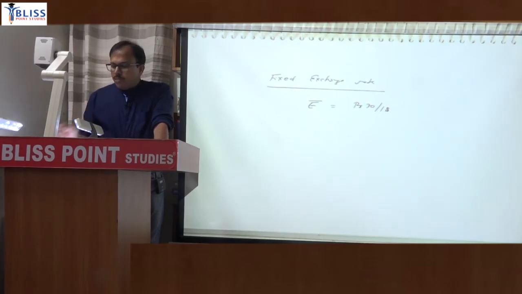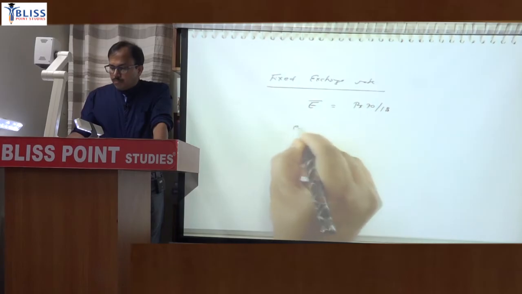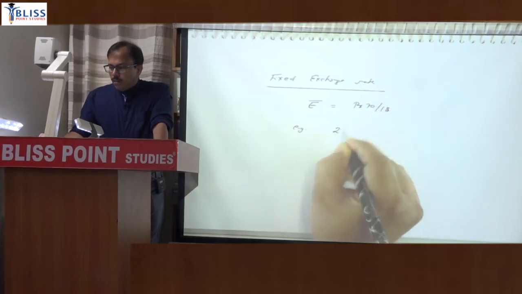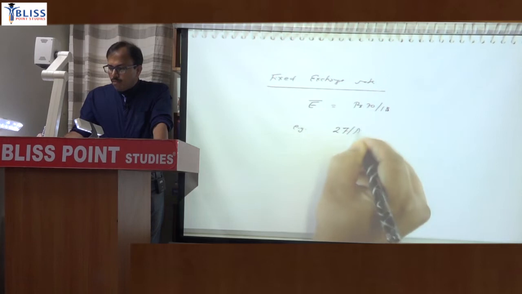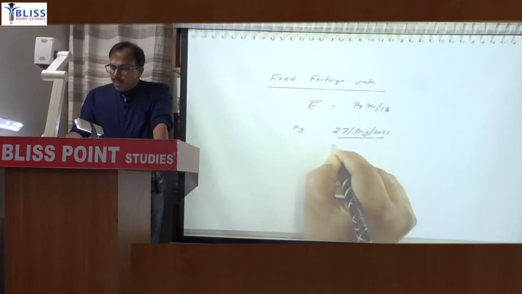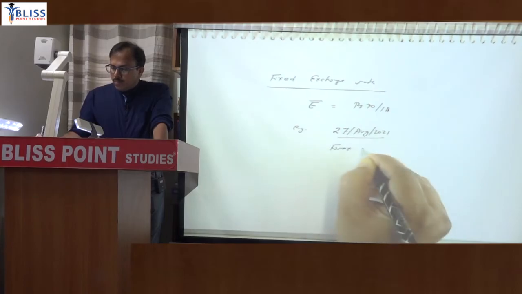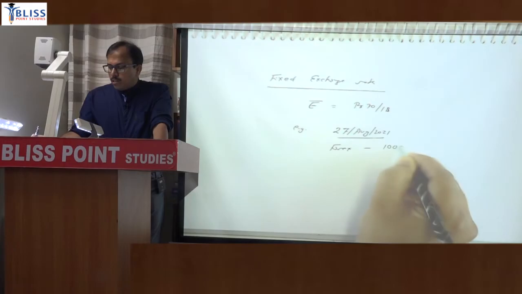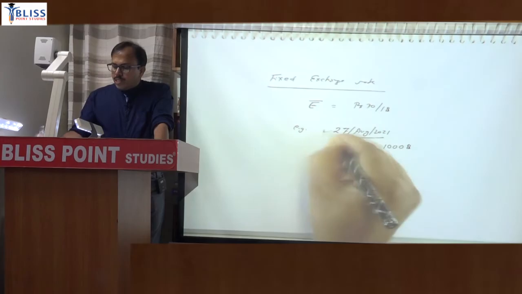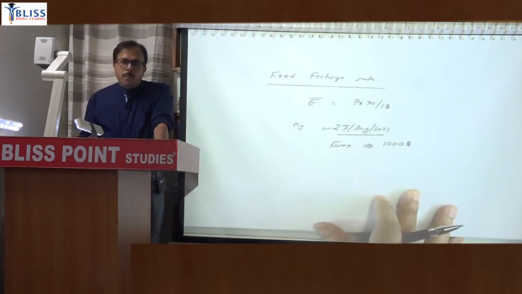Now what is the problem with this fixed exchange rate model? Suppose on a particular date, say 26th or 27th of August 2021, the central bank has a foreign exchange reserve of, for example, around $1,000 today.